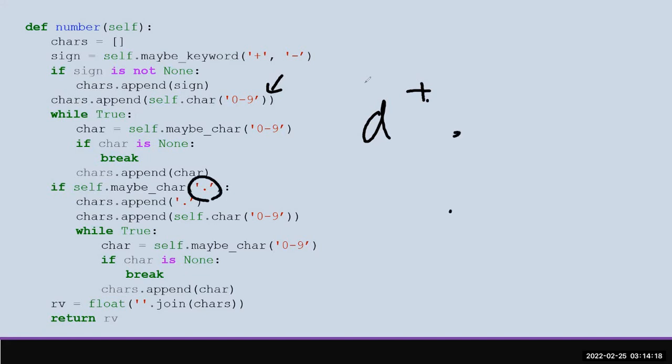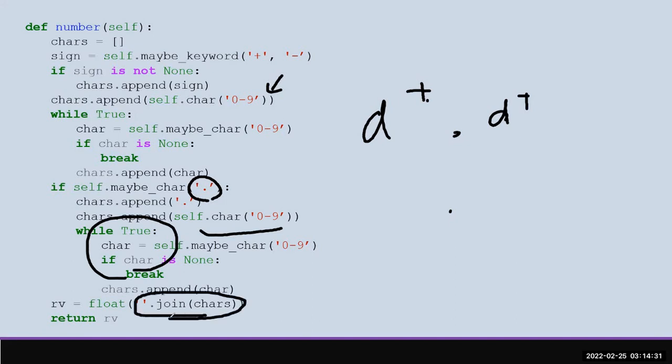And then you have another one, which is a fractional part. This portion is a fractional part. Eventually you join the whole thing together, and then you evaluate by the flow.